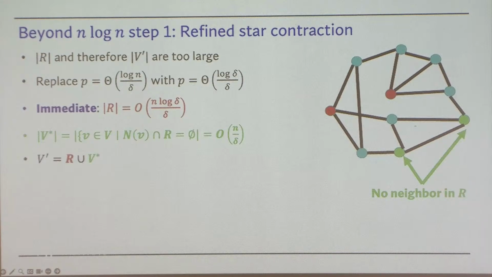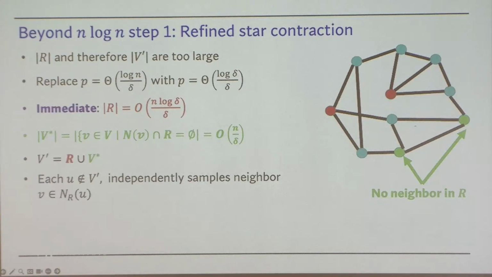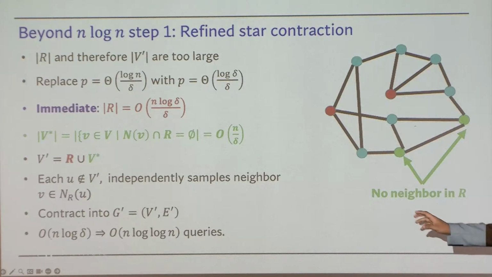So you have the R, which is a sample set, of size n log delta over delta, and the other sets are n over delta. And now you sample over here. You do the star construction over here, and you get n log delta many queries in the end.